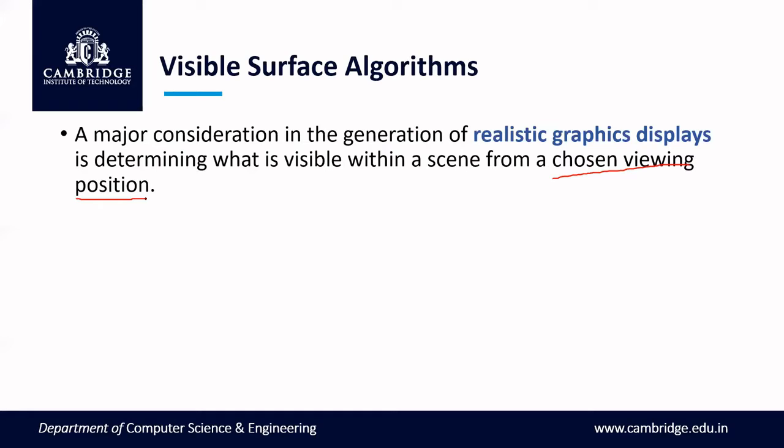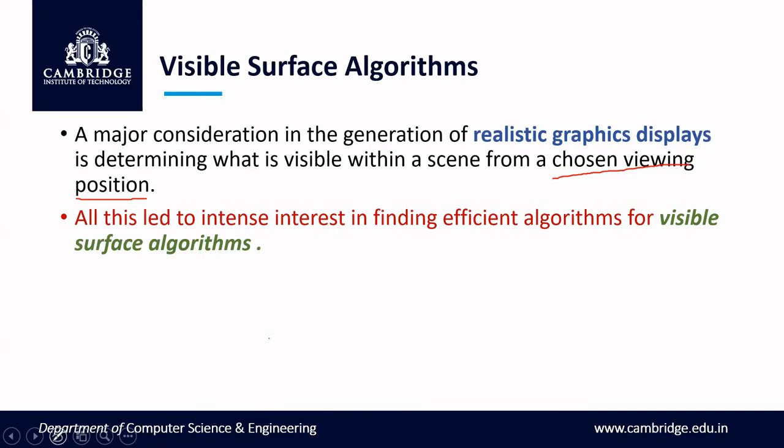Fine, you agree with that? If I see from the front, my view of the visible surfaces might be different. If I see from a side angle, I can see other objects which were hidden from my previous view, and some other objects might be hidden which were visible in my previous view. So based on the viewing position, my visible surface will be detected.